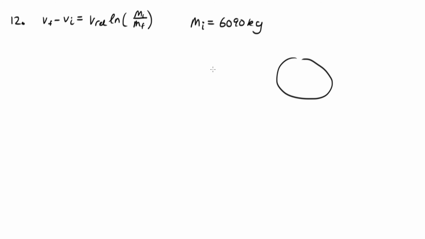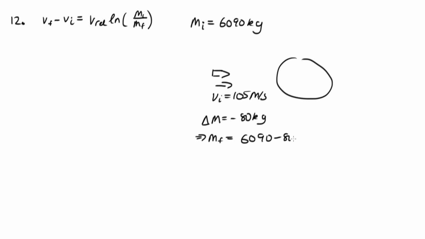It's heading towards Jupiter with an initial speed of 105 meters per second, and then it fires its rocket and ejects 80 kilograms of fuel. So the change in the mass is equal to minus 80 kilograms, which tells us that the final mass is equal to 6,090 minus 80, which is equal to 6,010 kilograms.